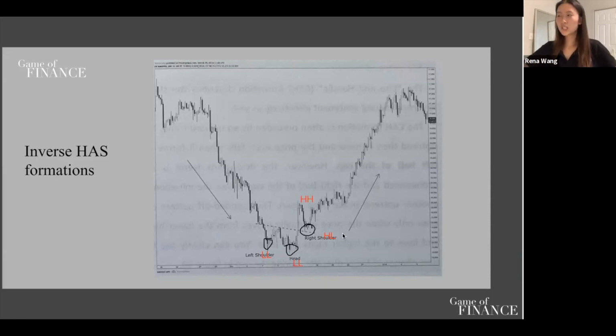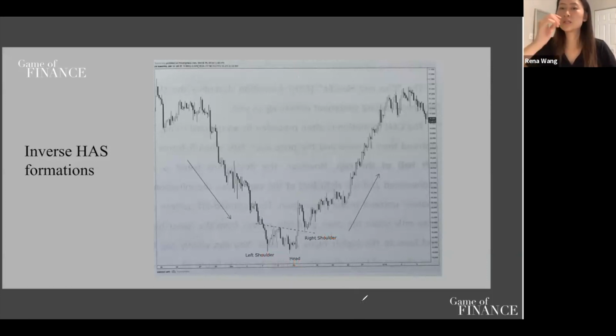So the variation in the retest principle is also the same as before. So if a retest were to happen here, we will draw a neckline right here, and then the retest will be here. But this doesn't have a retest.